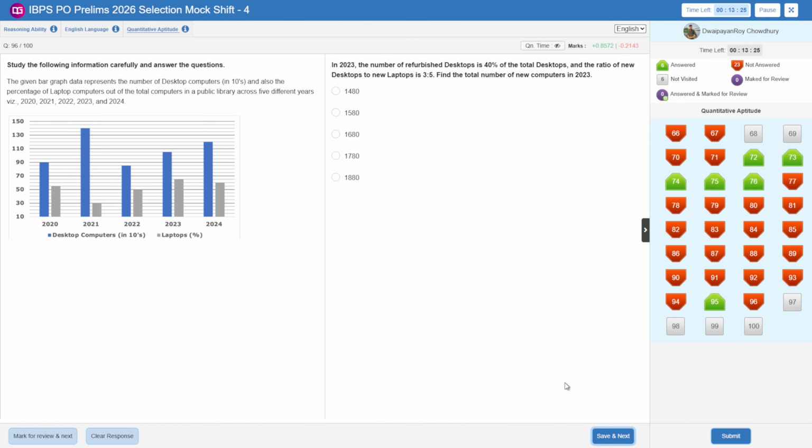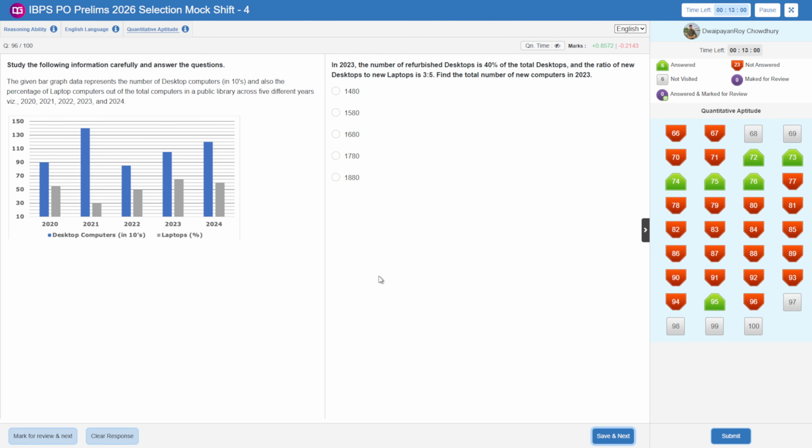The number of refurbished desktops in 2023 is 40% of that. So 420. And the ratio of new desktop to new laptop is this. Total new computers a multiple of 8. I don't have time to check or do this.